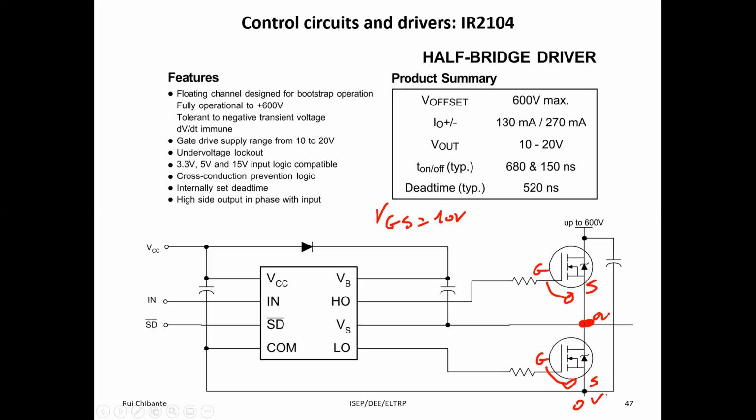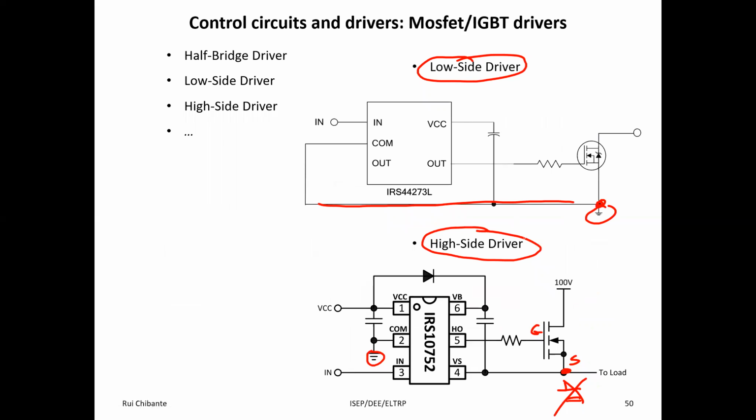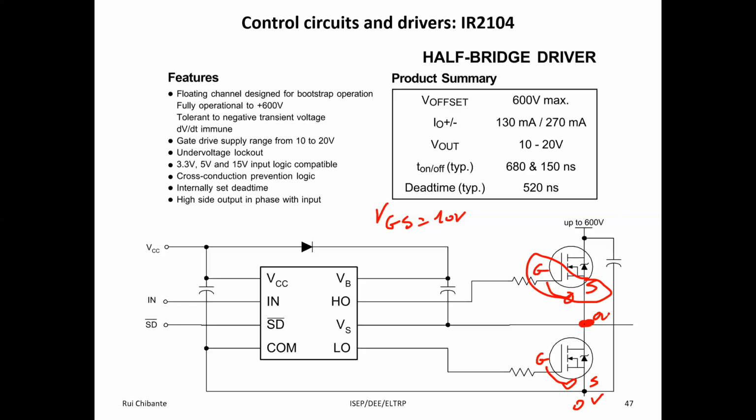Okay, so I must use a mechanism so that this voltage here is floating, and that's what these half bridge drivers, as well as the high side drivers, provide. Okay, essentially using this extra diode and this extra capacitor, it provides this voltage to be floating. Okay, and in your project you are using exactly this driver, although we don't have two transistors.